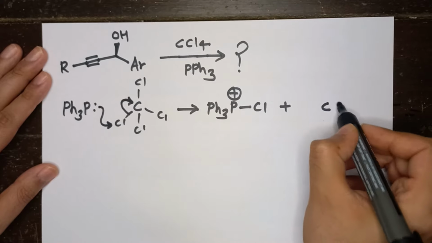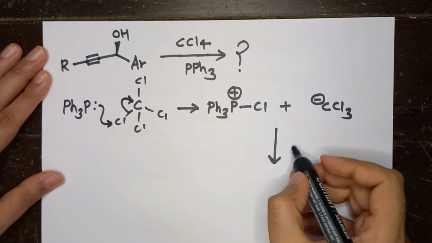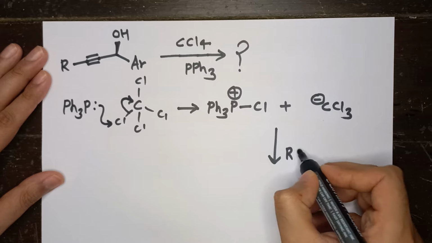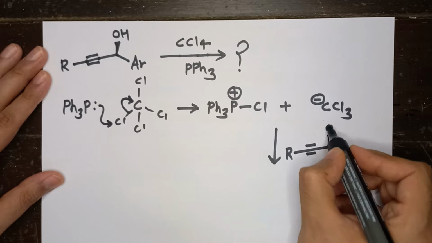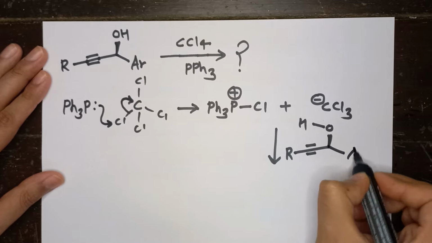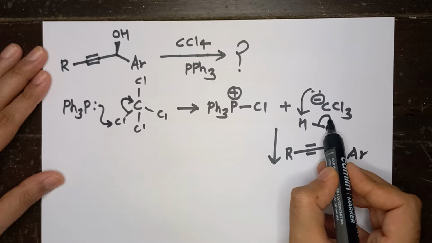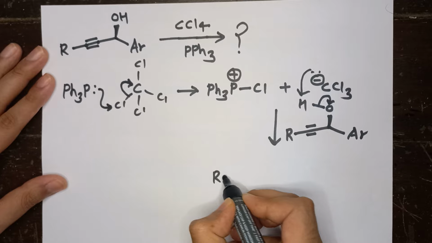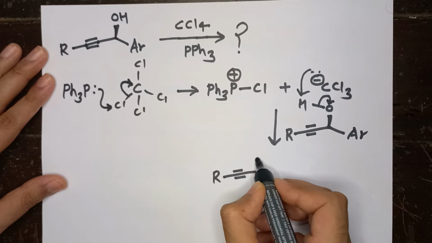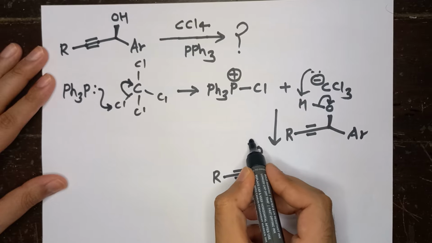And the byproduct is CCl3 minus, which will now act as a base and will take the proton from the OH and will generate alkoxide ion. So we get oxygen bearing negative charge and Ar group.